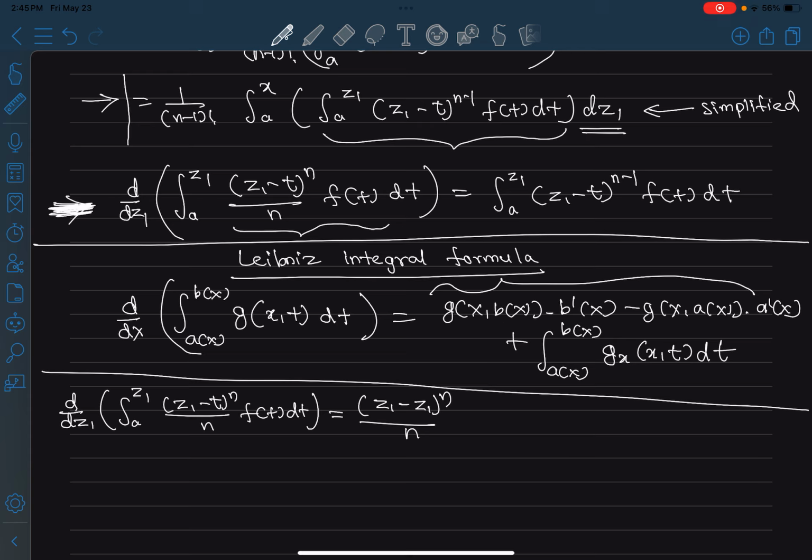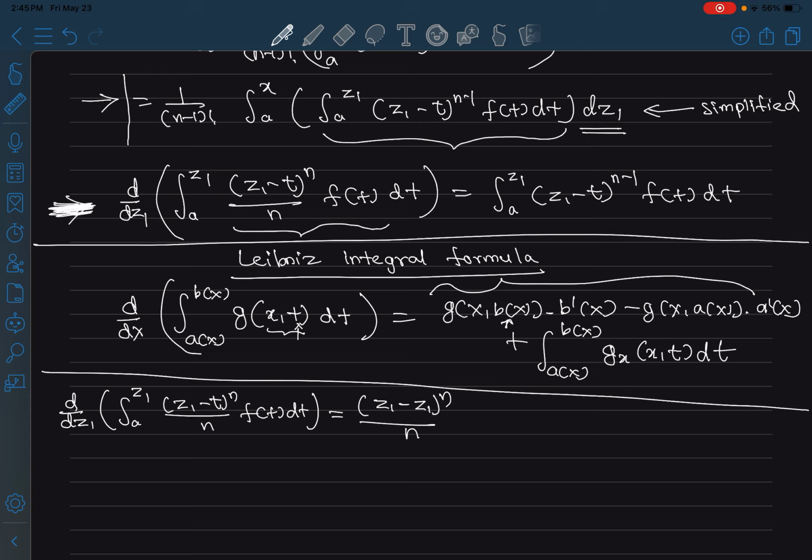In this case, g as a function of x and t, we see that in place of t we are writing b of x. That's why I wrote g1 over here, and our b of x was actually g1. So our t is also g1, because in place of t we are getting b of x.